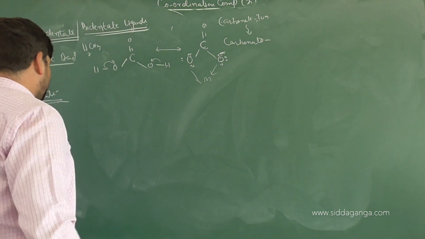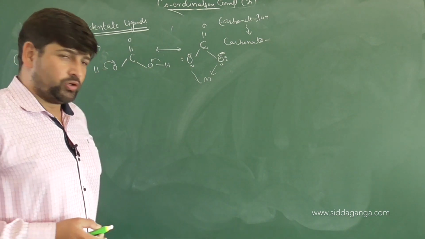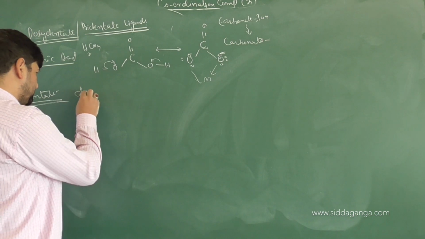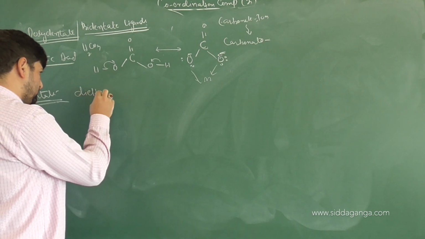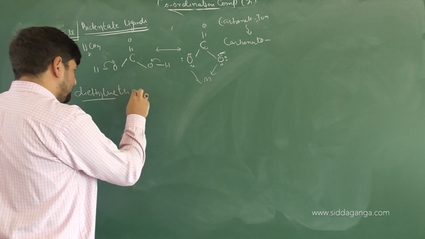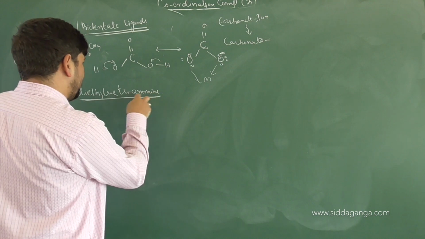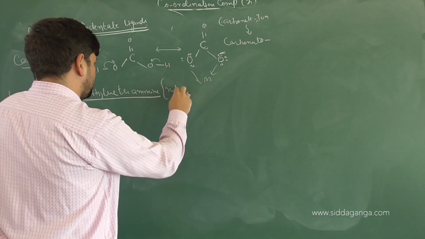One of the examples is a polymer of ethylene diamine. We call that as diethylene triamine. What do you have? Diethylene triamine. It's a neutral molecule.